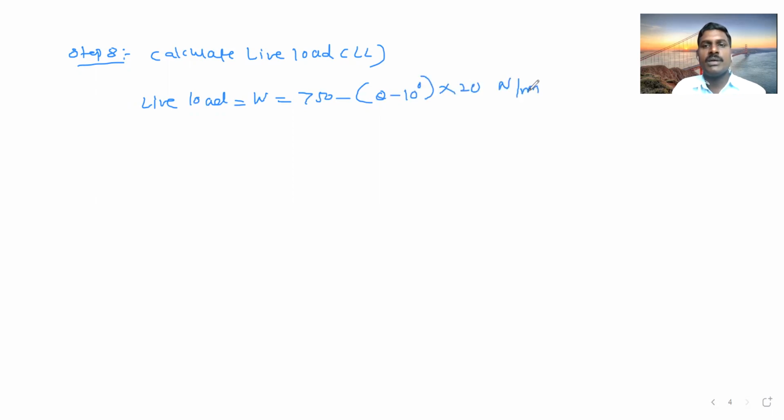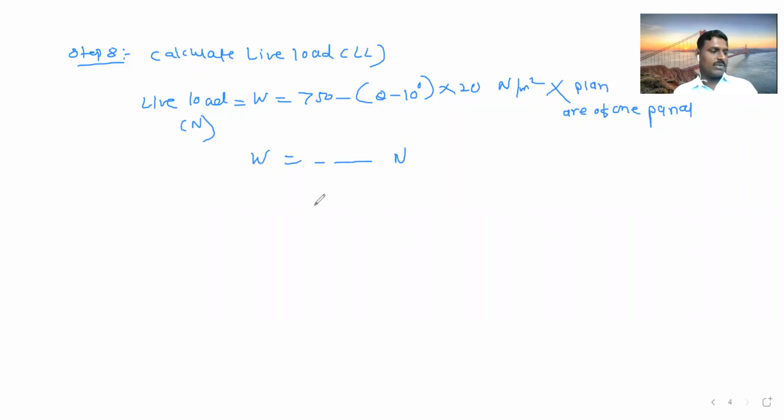This is in Newton per meter square. If we multiply it by the plan area of one panel, we will get this W in Newton. Got it? This is actually the total live load.